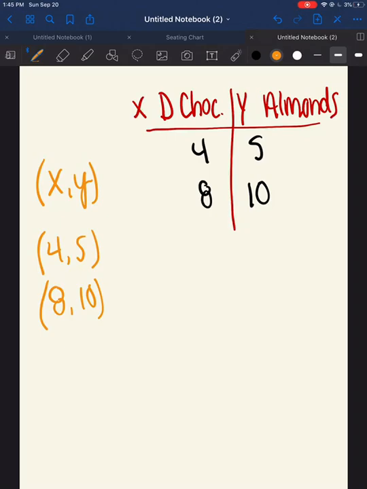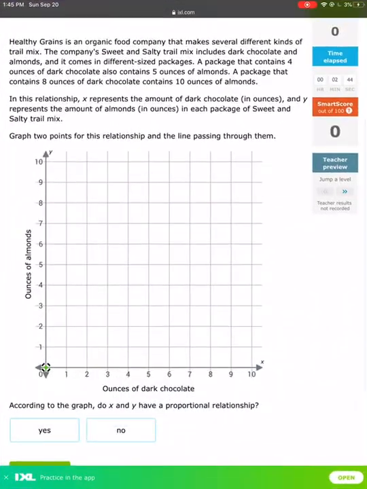Okay, so I need to plot these. When I plot, I go over 4, right? And then I go up 5. Was that it? Yeah, over 4, up 5. Okay, so that's that. For my next one, I have over 8, up 10. And I don't know why this is not working.